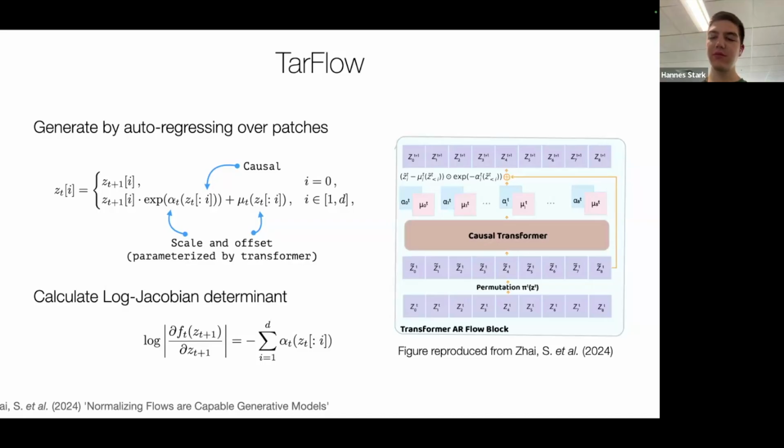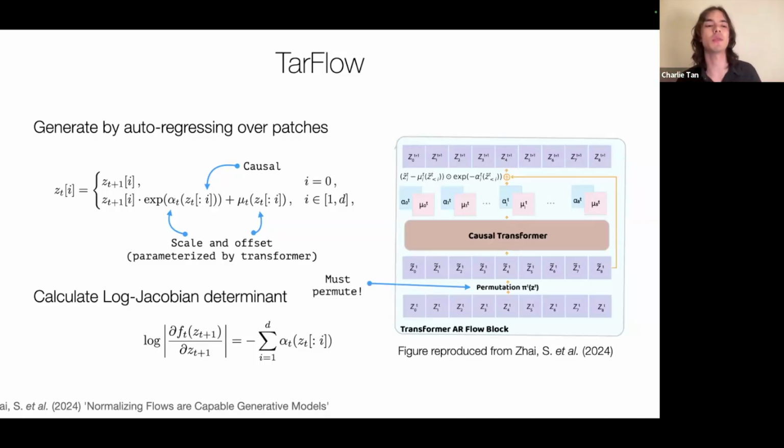One thing we'll notice is that you haven't updated at all the first item in the sequence, and you're only operating causally, and so you must permute. By permute, I mean before you do this whole causal affine update, you change the sequence ordering.